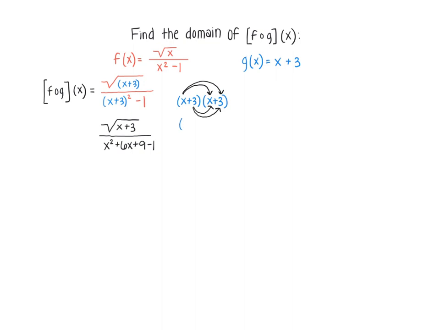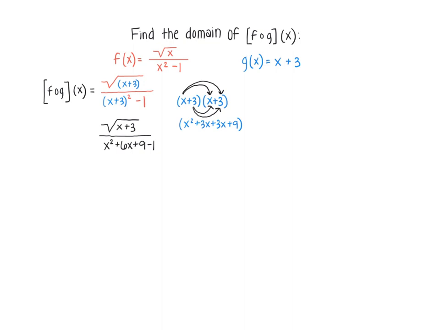So this gives me x squared plus 3x plus 3x plus 9, which then combines to give us this final equation right here.